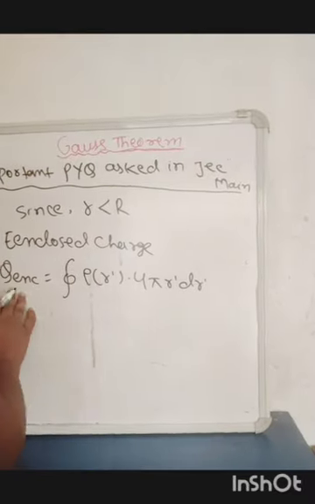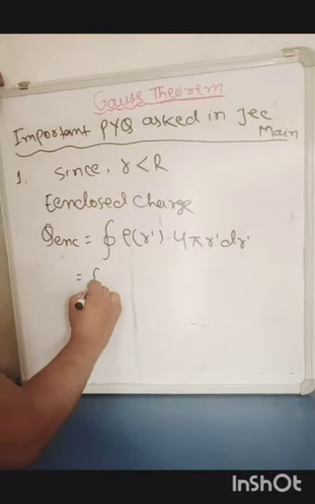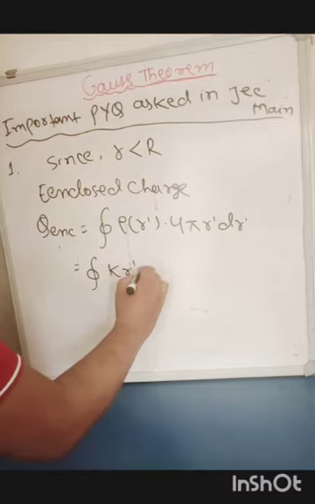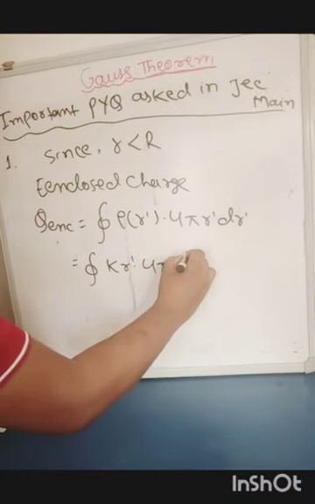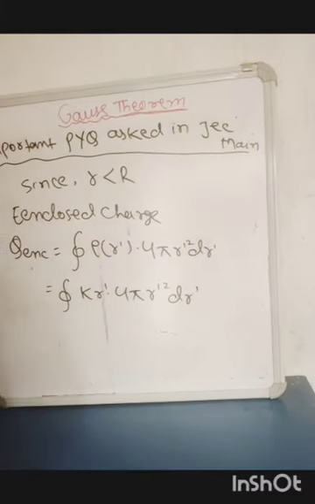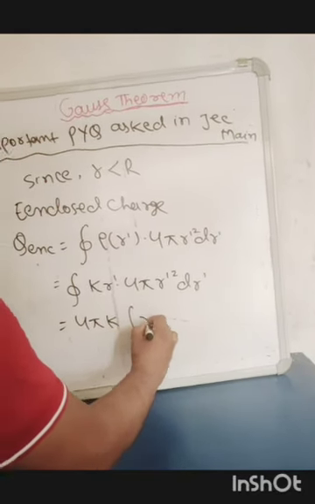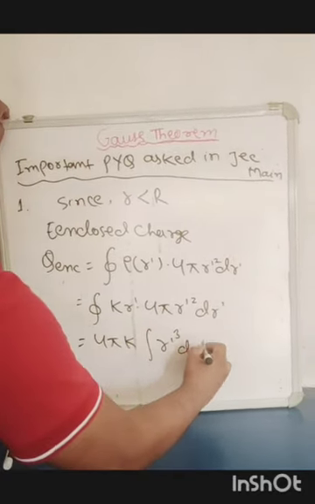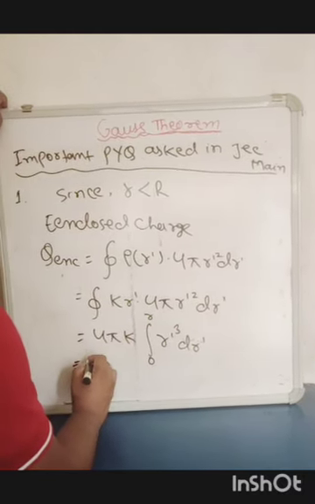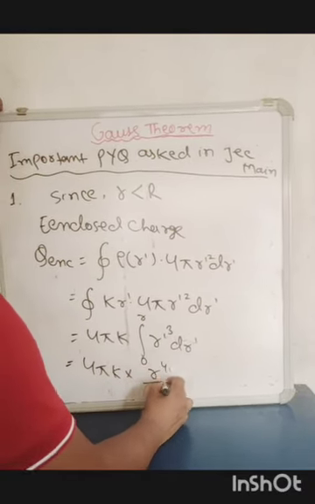We have to calculate the total charge enclosed by the surface. Now we put the value: rho equals k r dash, into 4 pi r dash square, d r dash. So we have 4 pi k into r dash cube d r dash, and we integrate from 0 to r.